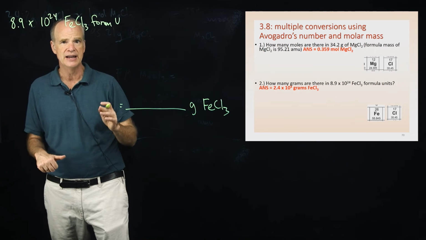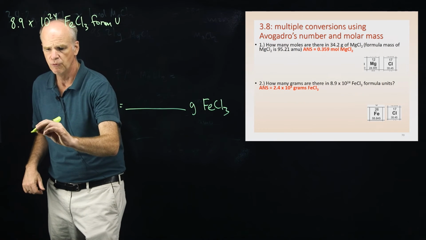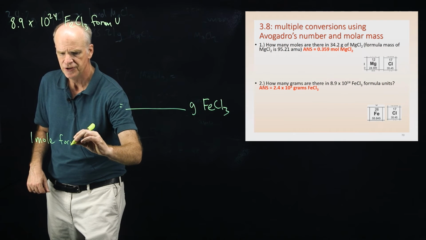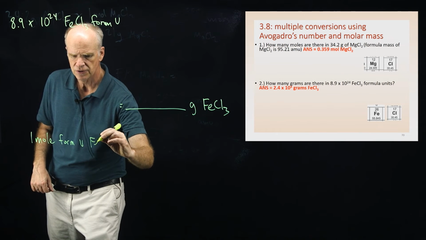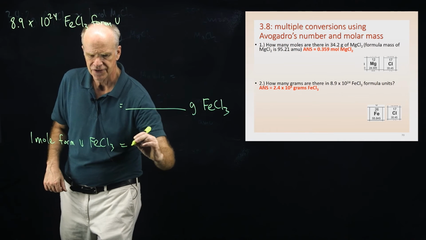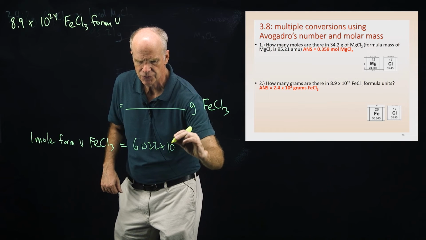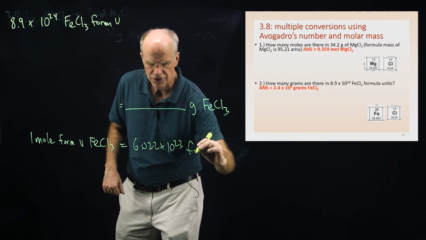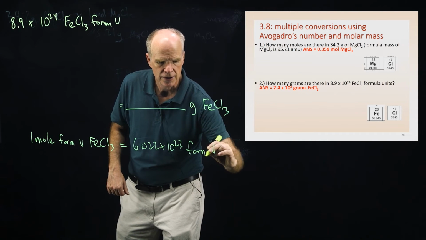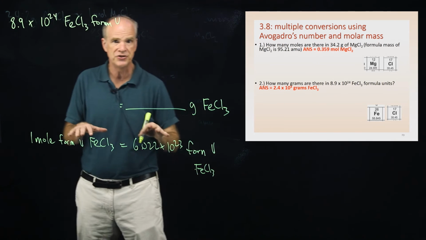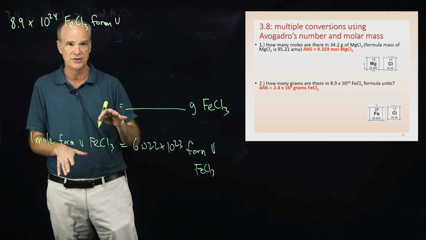So let's go ahead and do that. Remember, if you have 1 mole of formula units of iron chloride, that's going to be equal to 6.022 times 10 to the 23 formula units of iron chloride. So we can use that equality to set up a fraction that would be useful.